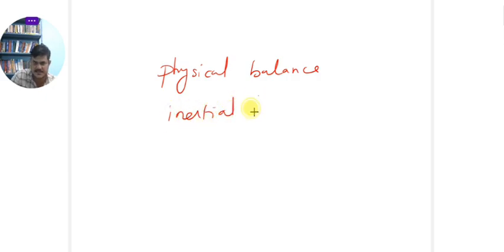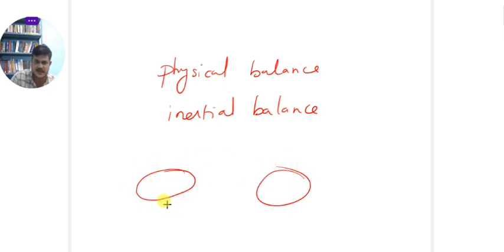We need to know about the physical balance and the inertial balance. Physical balance means there are two pans pivoted at the middle. The moment between these two is equal when each mass is equal. Gravity acts downwards.